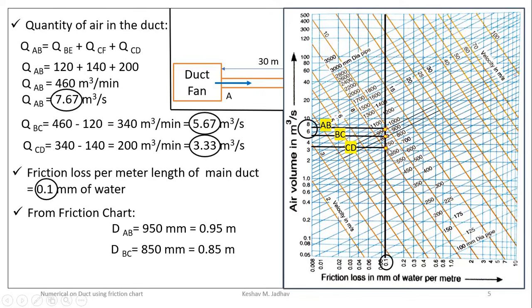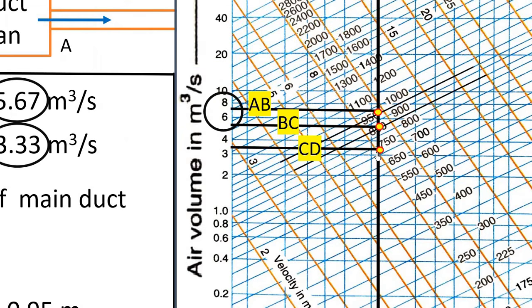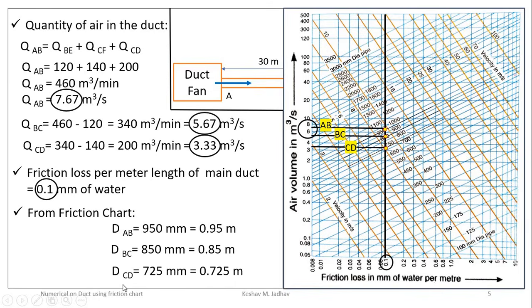So if you observe intersection point for CD section, then it is in between this 700 and 750. So we can take diameter of this duct CD as 725, that is midpoint of 700 and 750. Therefore diameter of duct CD is equal to 725 mm, which is equal to 0.725 meter.